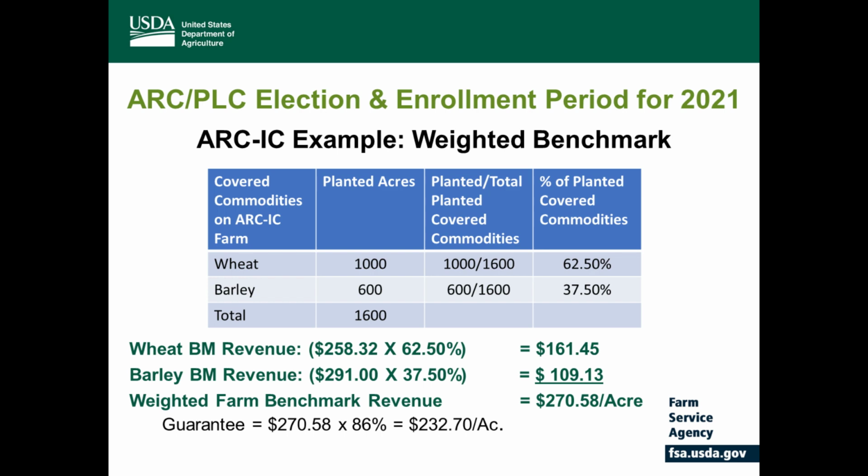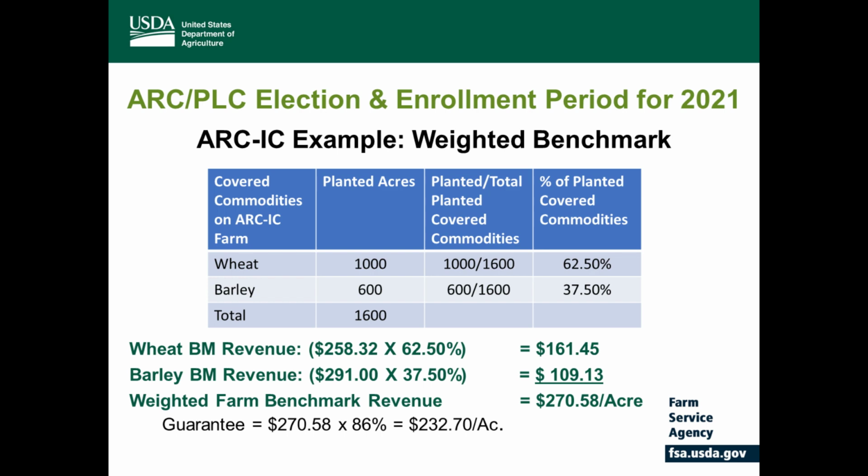So you can see $258.32 times our percentage of planted covered commodity, the 62.5%, gives us a wheat benchmark revenue of $161.45 per acre. And then the same for barley comes to $109.13.